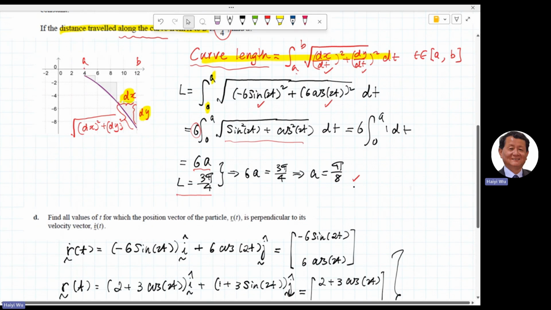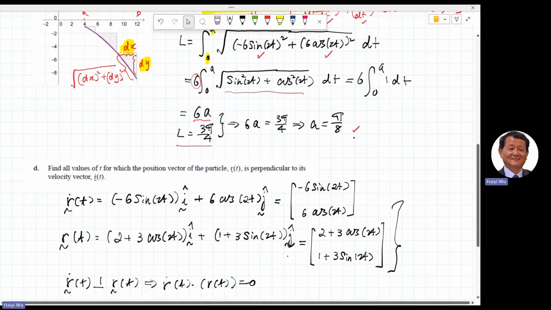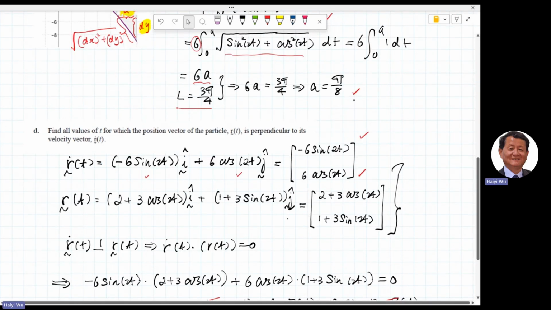The next question is about perpendicular vectors. We have two vectors: one is the velocity vector, and the other is the position vector. The velocity vector is the derivative of the x component and the derivative of the y component, which I'm going to list in column vector form. Then the position vector uses the original vector.